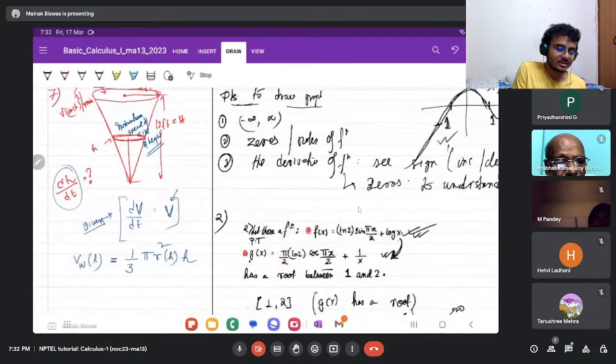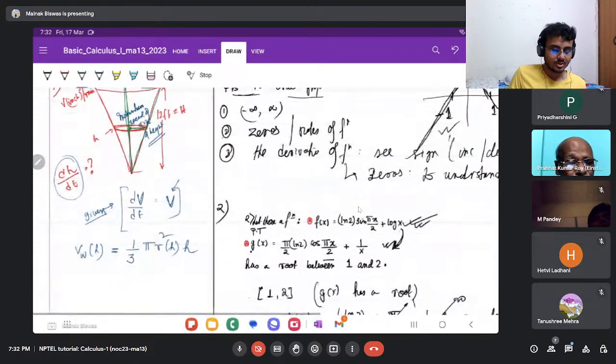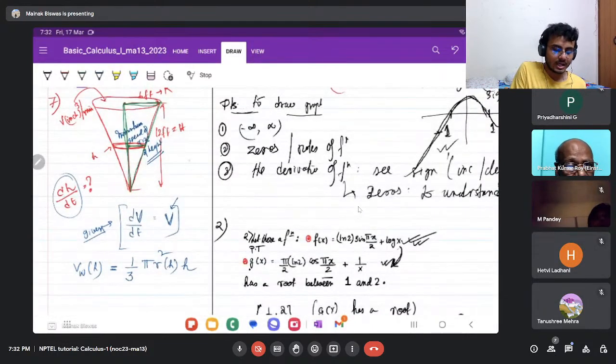What is the radius? Radius will also change. How do you find this radius? Class 10 maths. It's a similar triangle, right? This triangle is similar. Agreed? Yes. So if it is a similar triangle, you'll have 6 by 12 is equal to r by h, right? So you will have h by 2 is equal to r. Agreed?